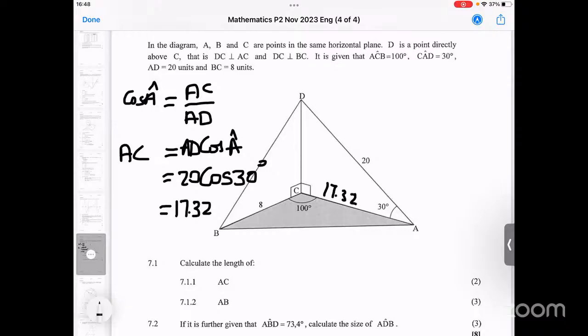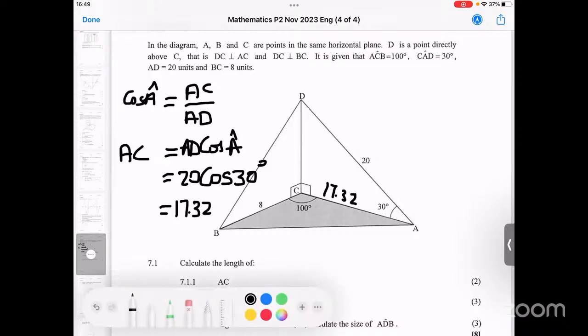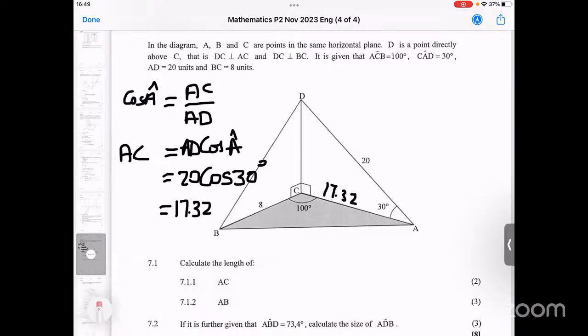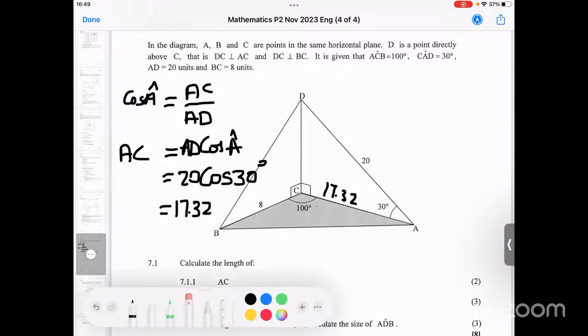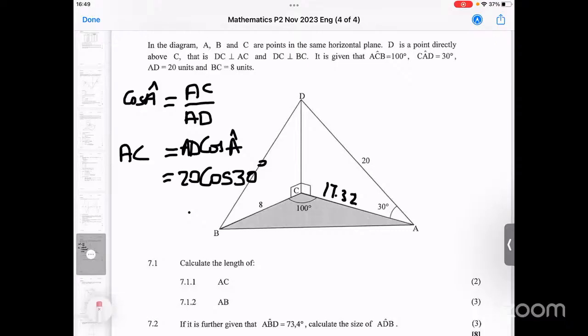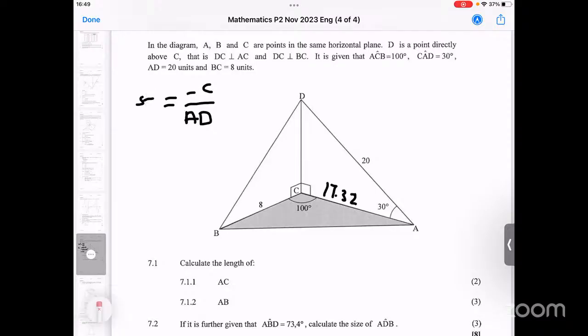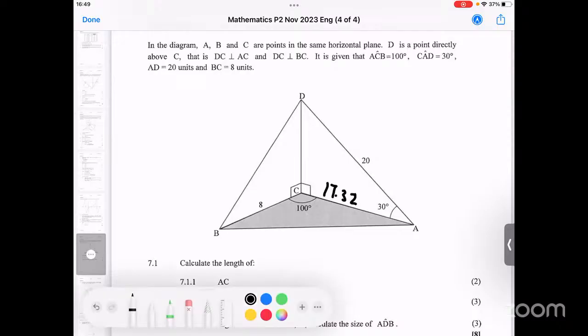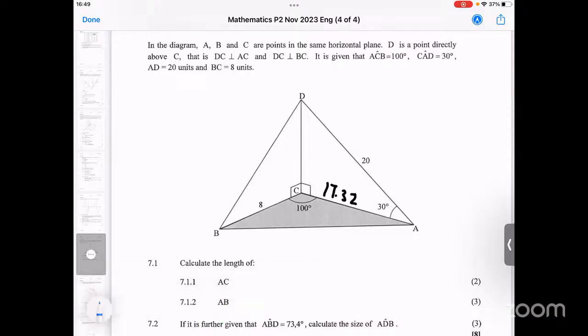17,32. Now they want you to find AB. For AB, I would then use the cosine rule, which would be AB squared equals AC squared plus BC squared minus 2 AC times BC cos C. Yes, exactly what you said, and I do agree with you on that one.